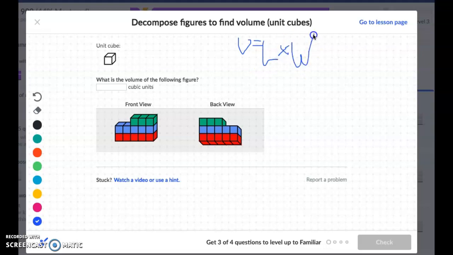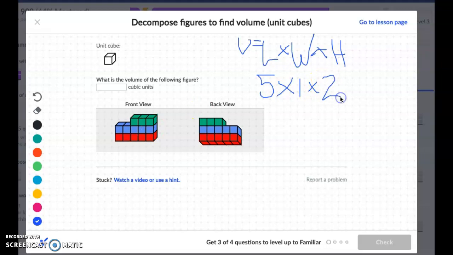times width times height. And if I'm just looking at the blue and the red, my length is 1, 2, 3, 4, 5. My width is 1. And my height is 2.